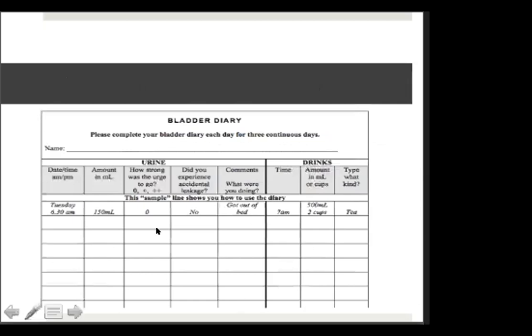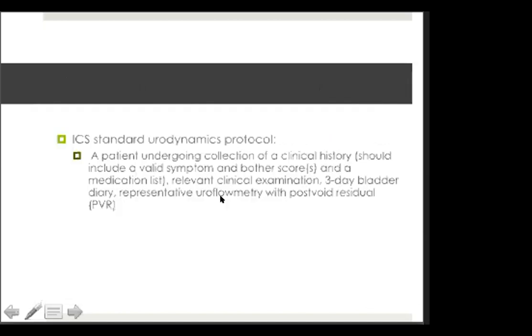So ito yung example ng bladder diary. So it is important na at least may bladder diary yung patient because during the examination or the test, pwede natin i-correlate yung symptoms niya. For example, may incontinence talaga siya during the sa bladder diary niya. So, at least mako-correlate natin.